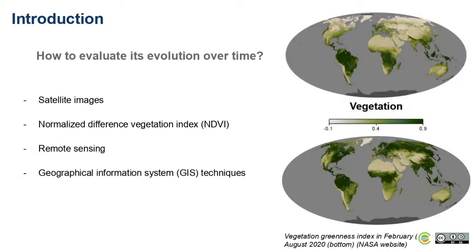Here are some methods to evaluate land cover and to detect change in vegetation. We can use satellite images. We have low resolution, open-source satellites, such as Landsat, which has 30 meters of resolution.